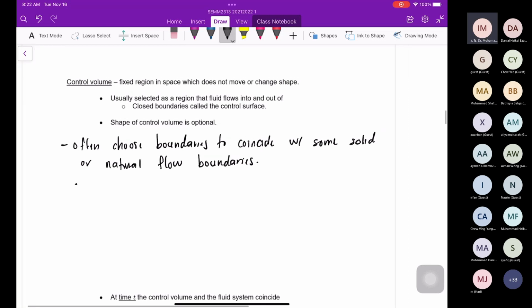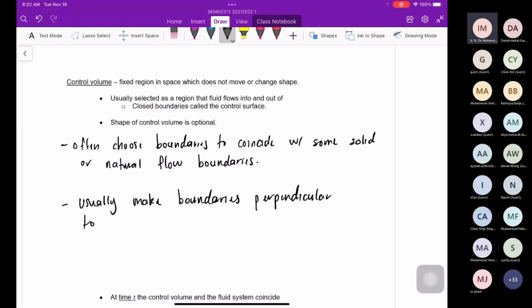And the second one, usually make boundaries perpendicular to the flow.